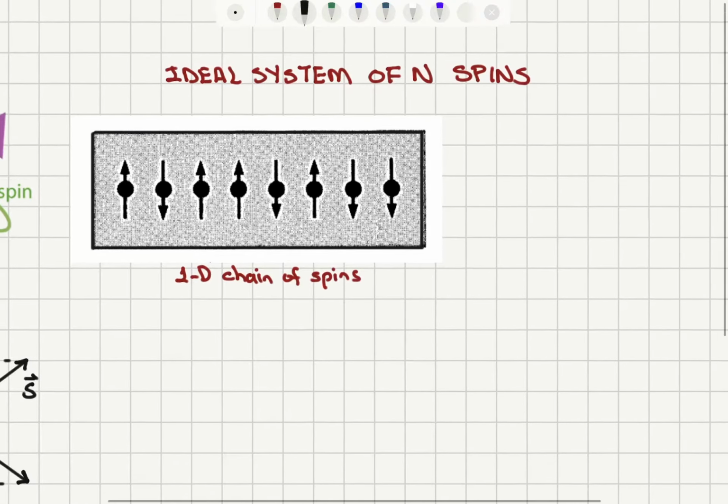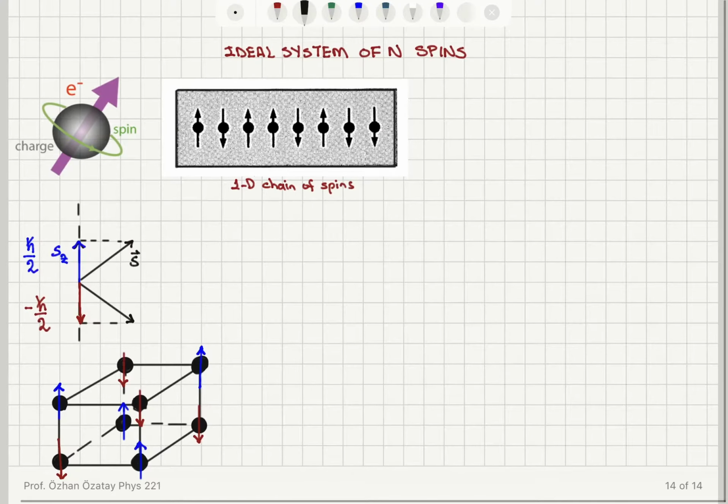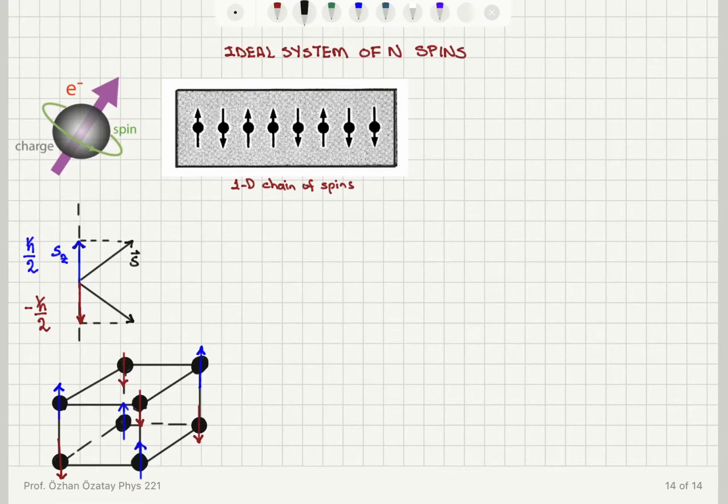And in total, we're going to consider capital N spin 1/2 particles. And why do we say 1/2? Because of this quantization on the z-axis, plus or minus h bar over 2.